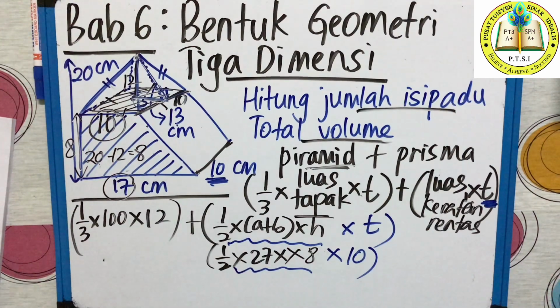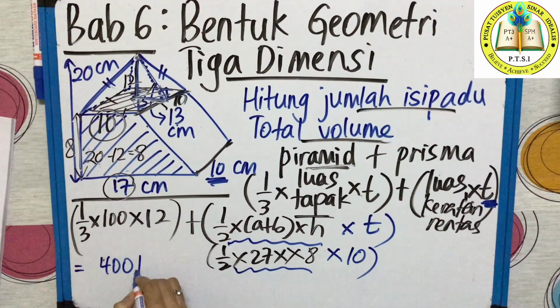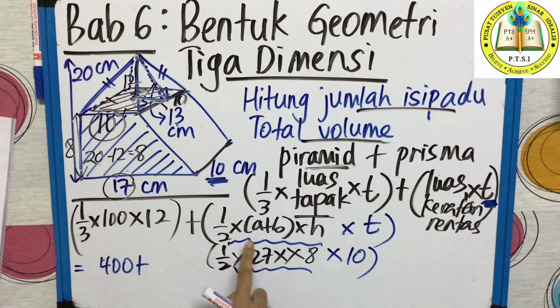So now you press calculator. Tekan calculator. 1/3 times by 100 times by 12. You get 400, plus this one. The trapezium area 1/2 times the A plus B is 27, right? Times by 8 times by 10. 1080.